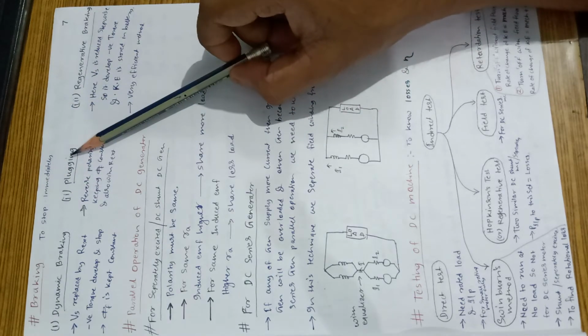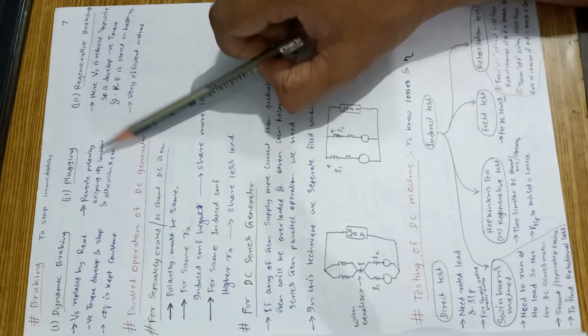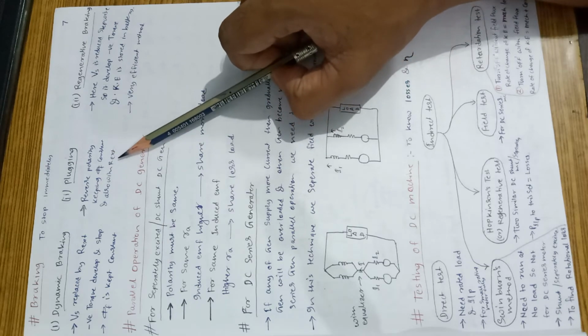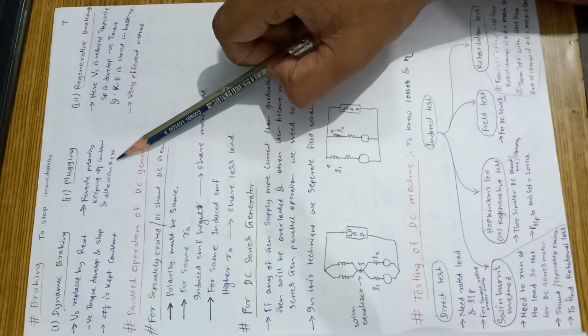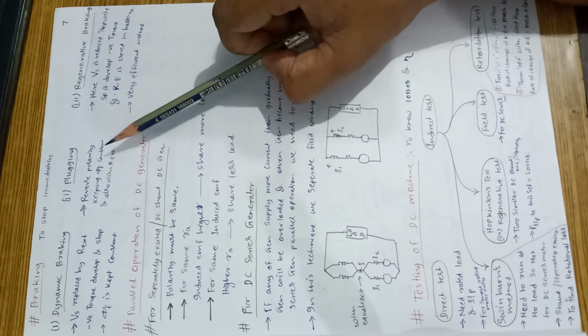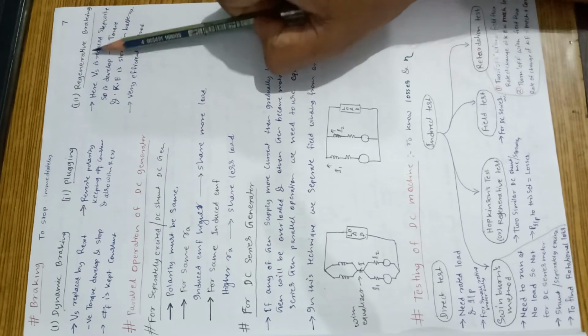In case of plugging, we reverse the polarity, keeping the field flux constant, and we also use external resistance to limit the armature current. And regenerative braking is the most effective method.